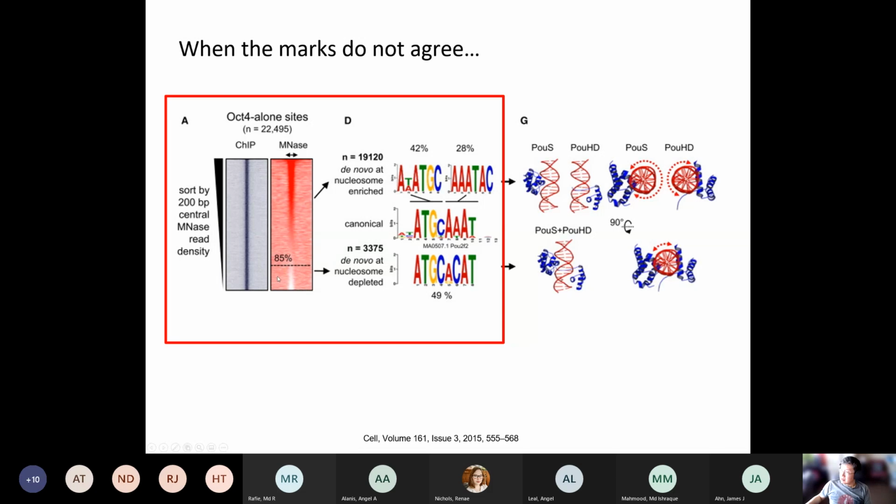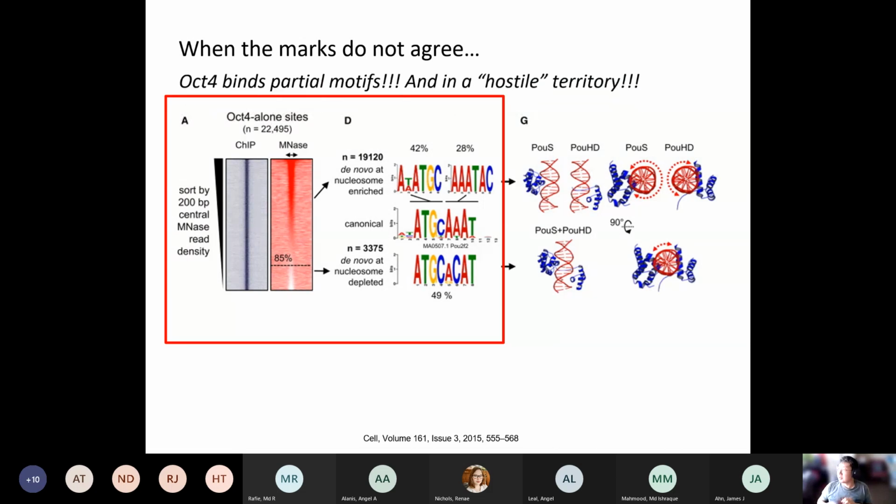So we would predict that Oct4 binds to nucleosome depleted regions, however Oct4 does bind to nucleosome rich regions. Scientists found that the binding between Oct4 and those sequences is different. Oct4 binds to a so-called half site, not the full site.